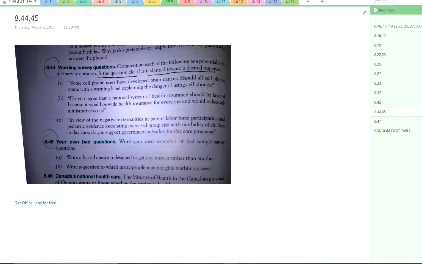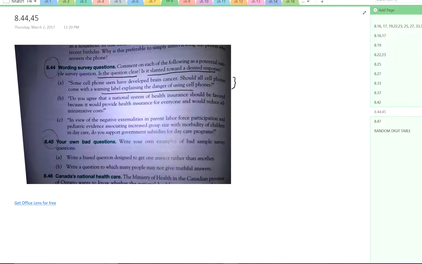Well, nowadays, you could probably argue that everybody that has gotten brain cancer has used cell phones, since most everybody uses cell phones nowadays. So really, you could look at it as a bad question from that perspective. But yeah, you're certainly arguing for a yes. We should put a warning label on cell phones. By saying this.